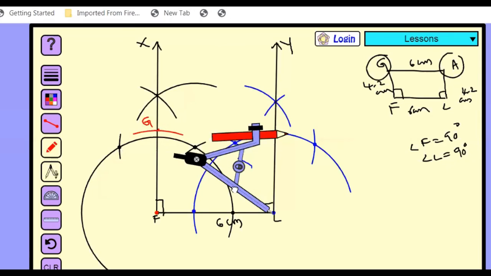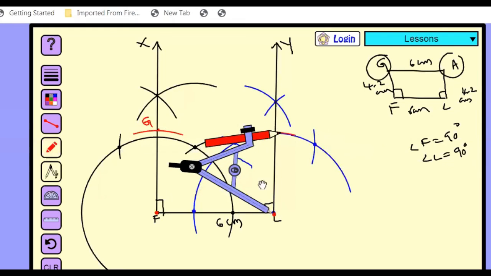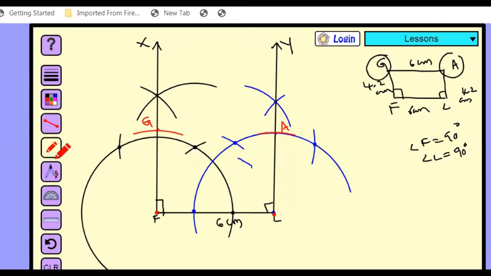So with the same radius, with L as the center, draw an arc which cuts the previous ray LY at point A. Don't change the compass radius, because FG and LA both have 4.2 centimeters. Now remove the compass. Now we know the exact positions of G and A.